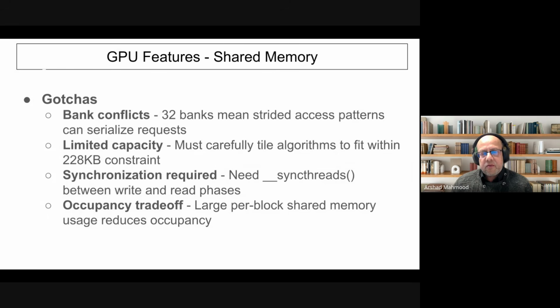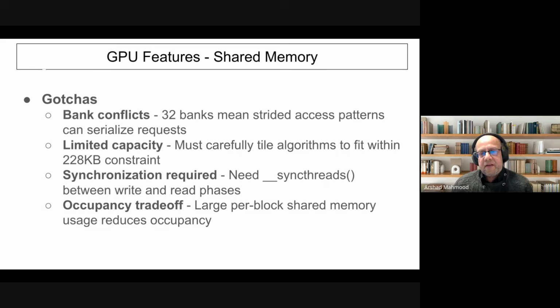In this case, the shared memory is broken down into 32 banks. Any thread issuing a call to read data from a bank or write data to a bank is serialized. So if two threads try to write to the same bank or read from the same bank, one has to finish before the second one can start.